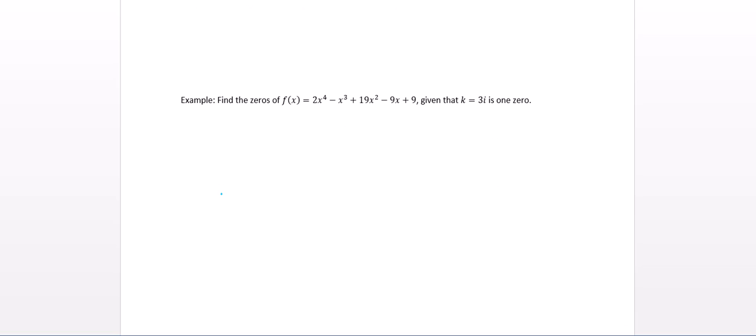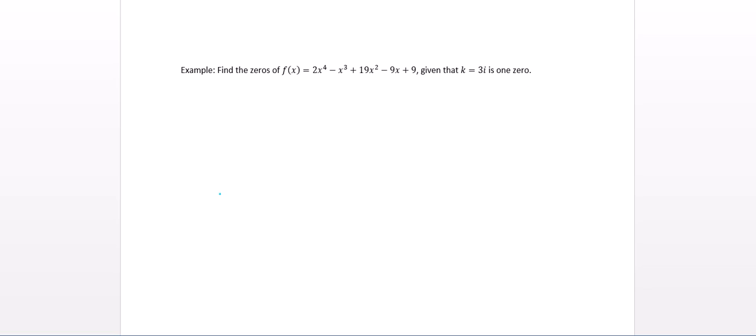All right, so let's find the zeros given one. If I know that k equals 3i is a 0, then I know also that k equals negative 3i is a 0. And I could do synthetic division using the 3i's, but instead I'm going to revert to long division of polynomials. Check this out.